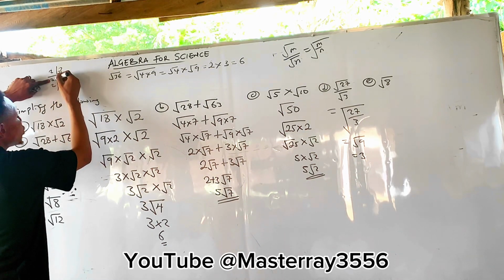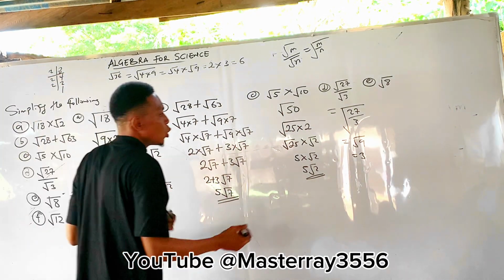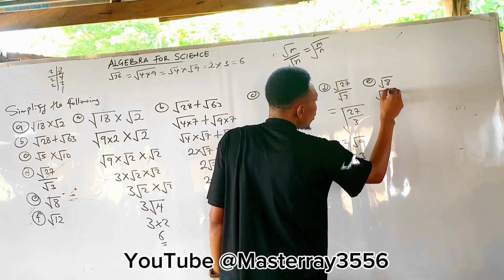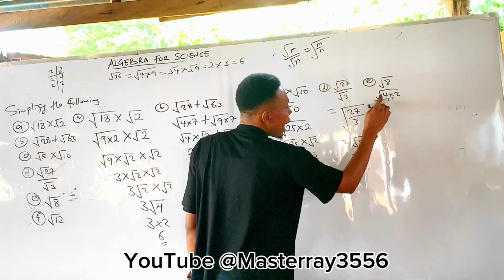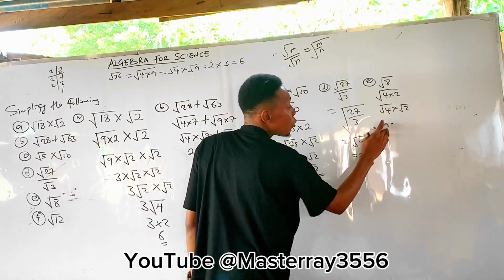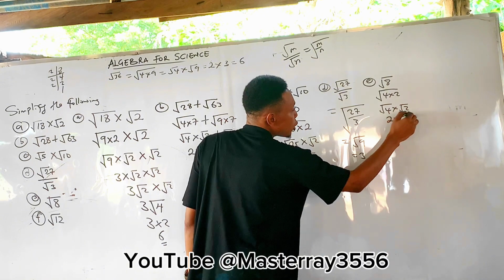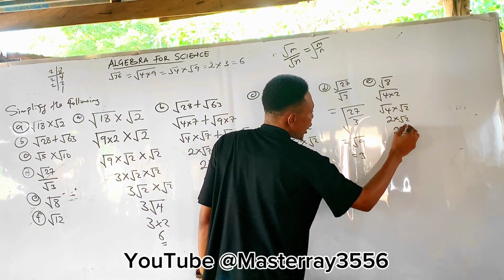This is now 2 times 2, which is 4. That is 4 times 2. Is it not? So this one is taken as the square root of 4 times 2, because 4 is a perfect square. So from there this is root 4 times root 2. Square root of 4 is 2. 2 times root 2 is 2 root 2. That's good.